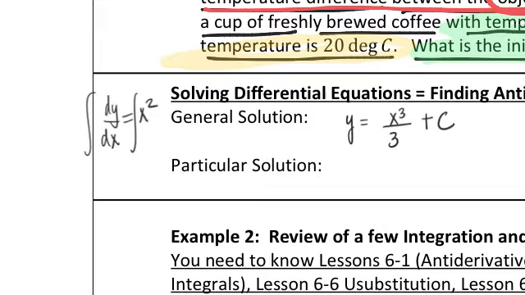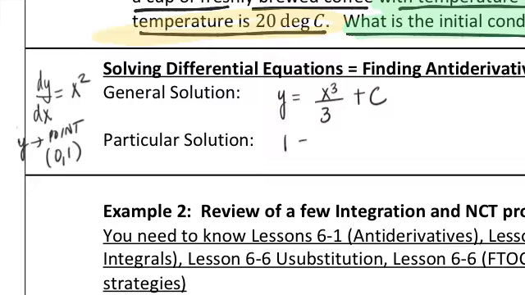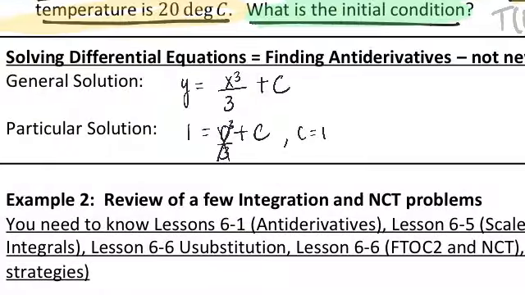Okay, so that would be my general solution. And if I told you that this y that you're solving for has to go through the point, for example, (0, 1), then you would say, okay, I will now put in 1 is equal to 0 cubed over 3, which is 0, plus c. So c is equal to 1, and so now I could write a particular solution for that same differential equation. y is equal to x cubed over 3 plus 1, right?